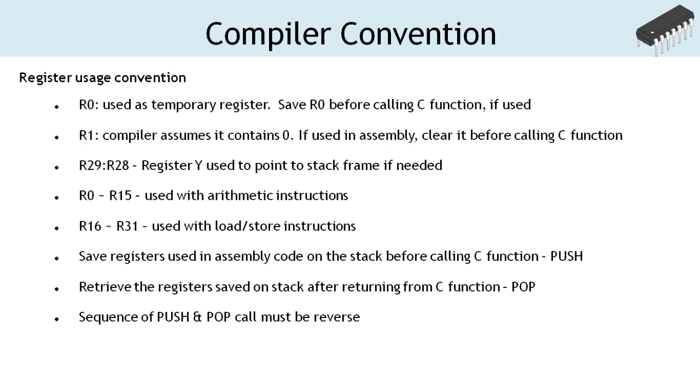And when the C function returns, the register saved on the stack must be retrieved. Use the instruction pop for the purpose. The number of push and pop instructions must match, and the order in which registers are popped must be reversed to that of push operation.